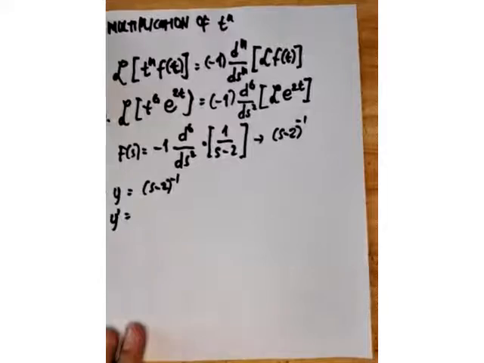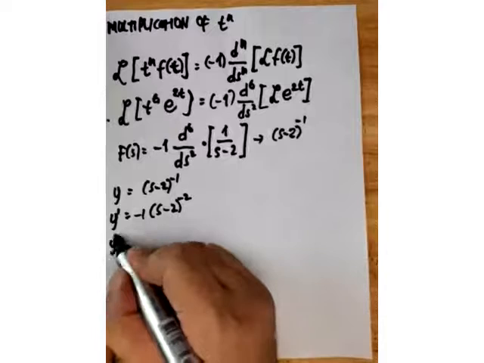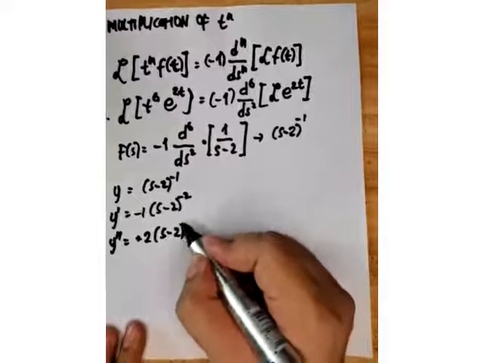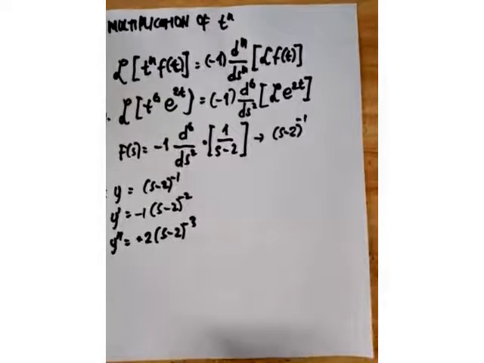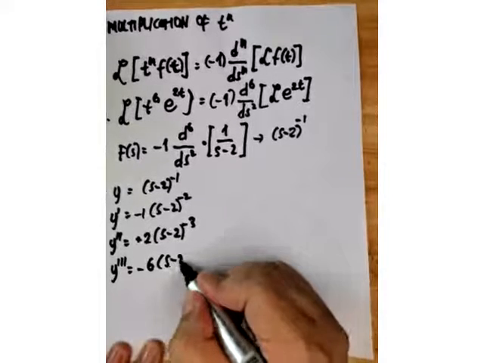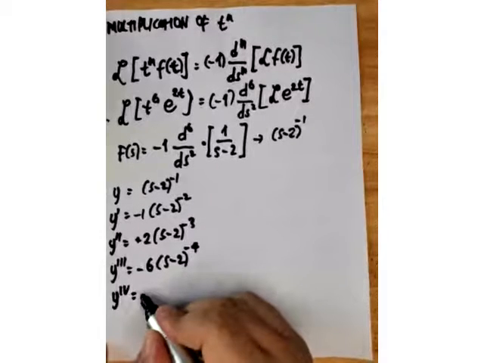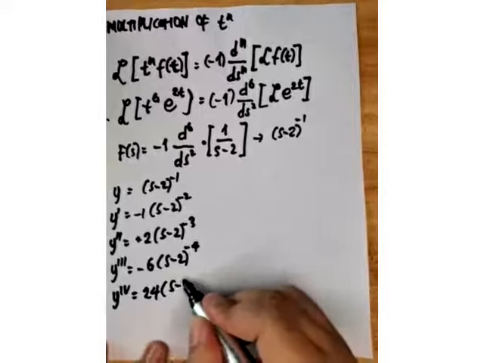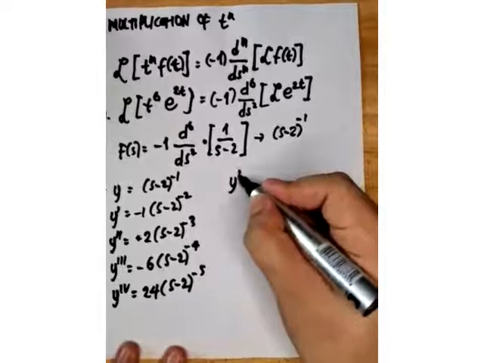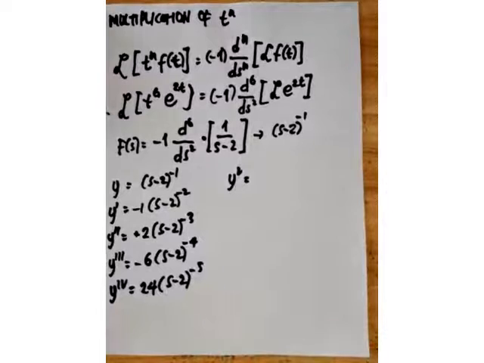So what's y prime? It's negative 1 times s minus 2 raised to negative 2. Y double prime is positive 2 times s minus 2 raised to negative 3. Y triple prime is negative 6 times s minus 2 raised to negative 4. The fourth derivative is 24 times s minus 2 raised to negative 5. The fifth derivative is, what's 5 times 24?